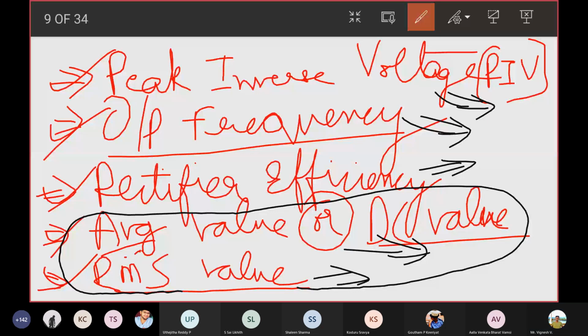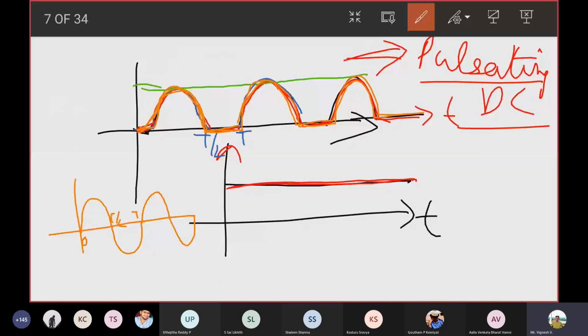The input waveform repeats over 0, T by 2, T, and in the same way the output repeats beyond T, the same thing over and over again. So the output frequency is the same as the input frequency.